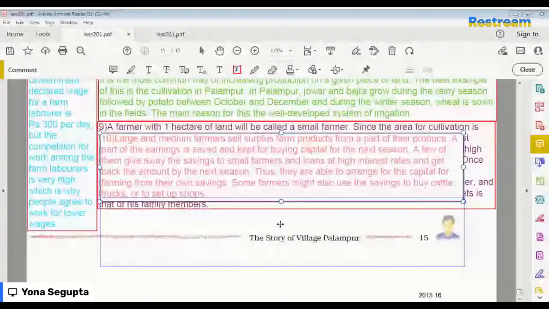Savita got a loan from Tejpal Singh at an interest rate of 24% for 4 months, and also had to work for Tejpal Singh as a laborer at the wage of rupees 100 per day during the harvest season.